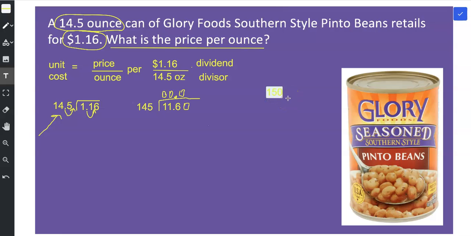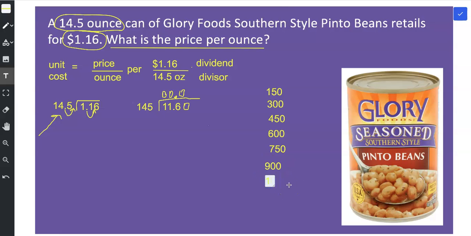So I'm going to count by 150s, since 145 is about 150. 150 plus 150 is 300, plus another 150 is 450, plus another 150 is 600, plus another 150 is 750. Okay, now picture 750 plus 100 is 850, plus another 50 would get me to 900.